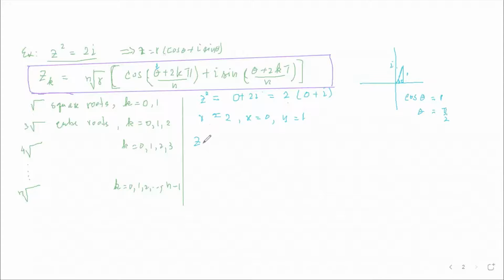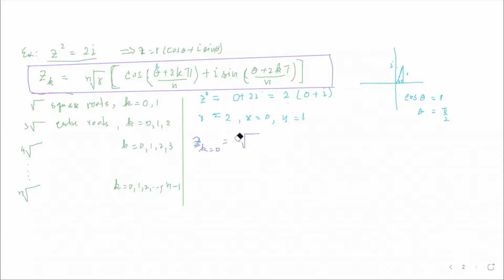Now we start to use the formula. So the first one, if k equals to 0, okay. So then n we know is 2, correct? Square root. Because when it is square root 2, we don't need to write 2 here, right? So I erase this one.